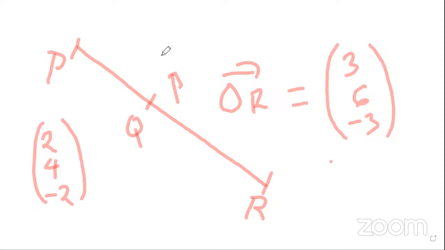For example, in QR, position X is 3, position Y is 6, position Z is negative 3. In the other one, PQ, position X is 2, position Y is 4, position Z is negative 2. So let's see, 3 divided by 2. Unapata nini?